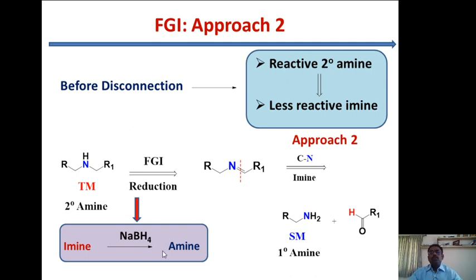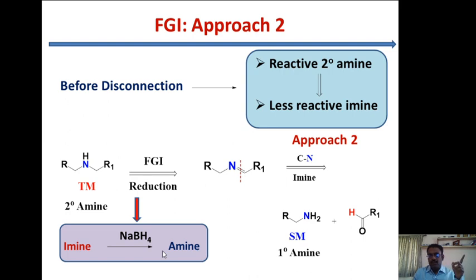Okay, so now you know why we are using functional group interconversion. What is meant by functional group interconversion? Why are we using that? In what cases, in what situations are we using it?